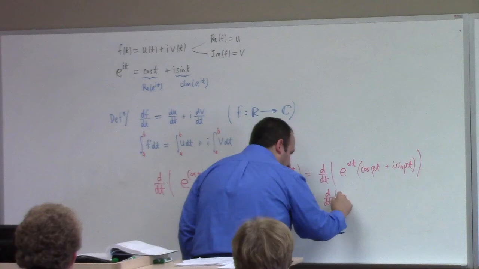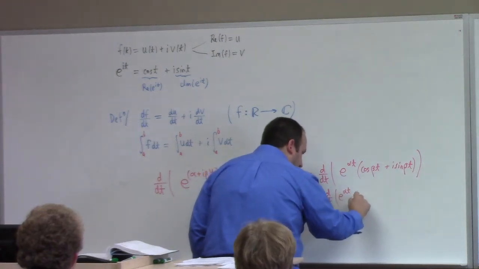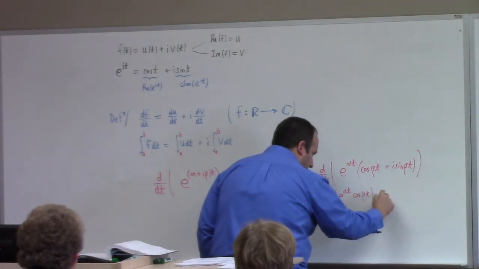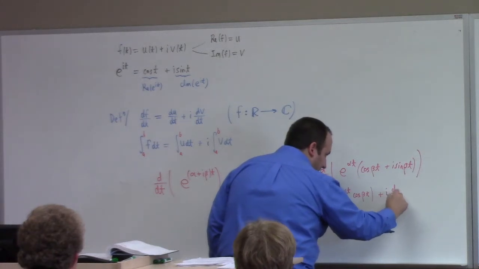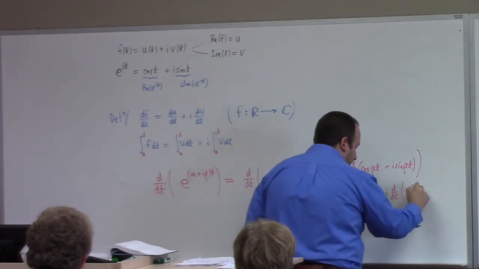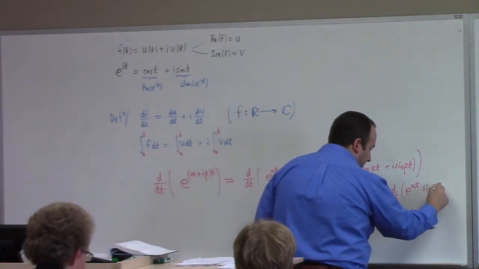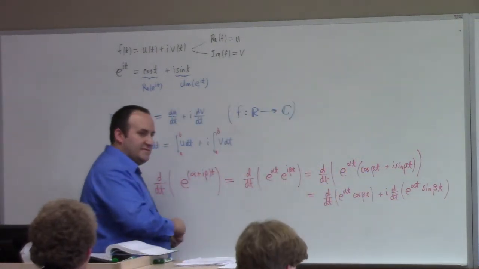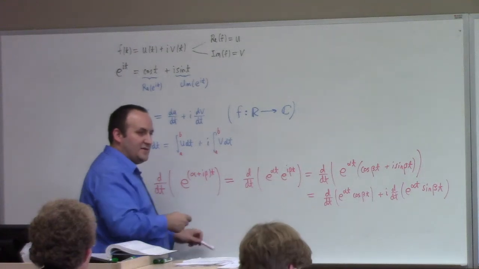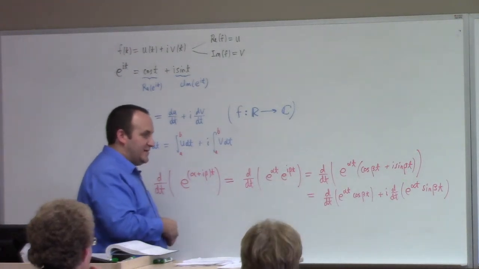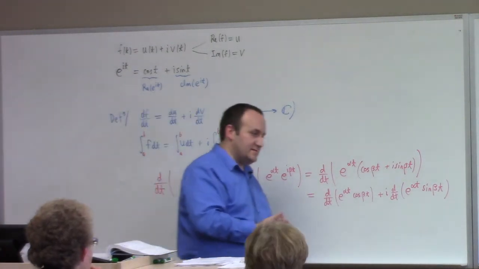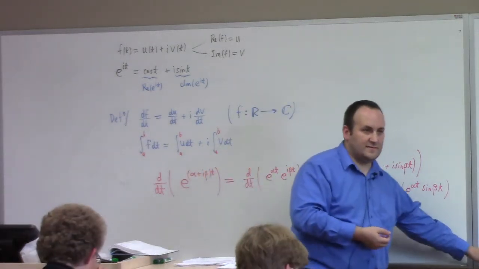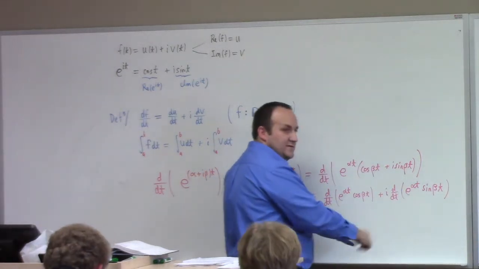So that's d dt of e to the alpha t cosine beta t plus i d dt of e to the alpha t sine beta t, by the definition I just stated. And how do you differentiate a product of an exponential and a cosine, and a product of an exponential and a sine? You use the product rule.